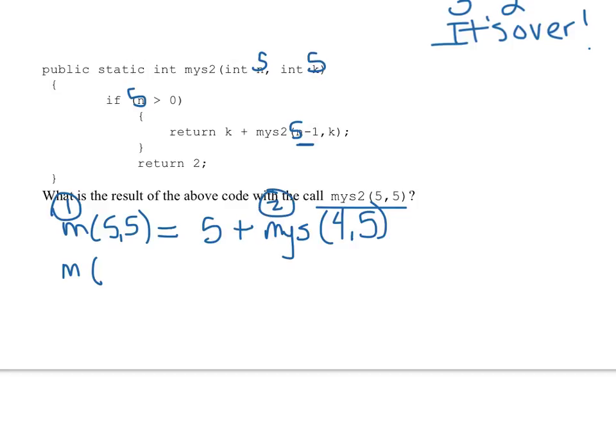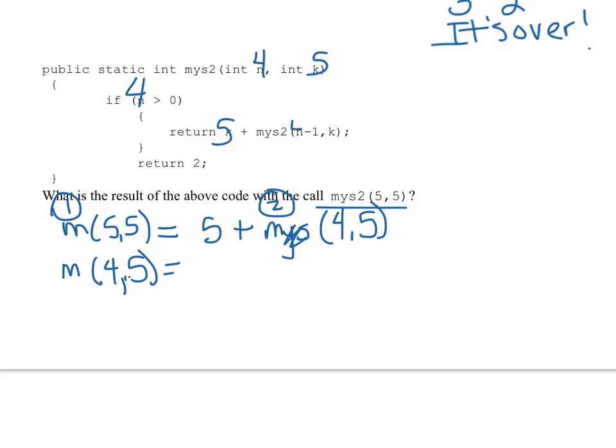Now, to figure out what mystery 4, 5 is, I have to run mystery 4, 5. So now this all gets changed. Now this is a 4, 5. So I look at it, 4 is greater than 0.